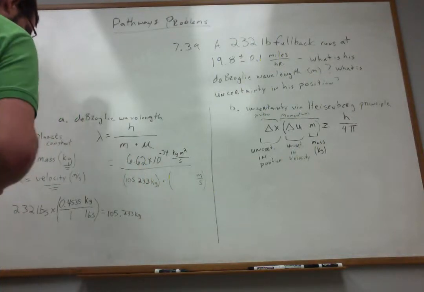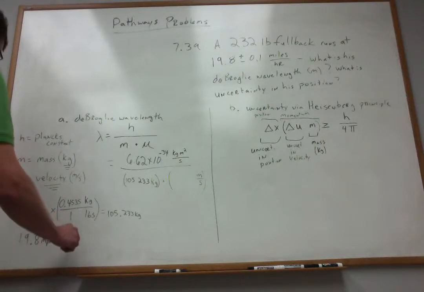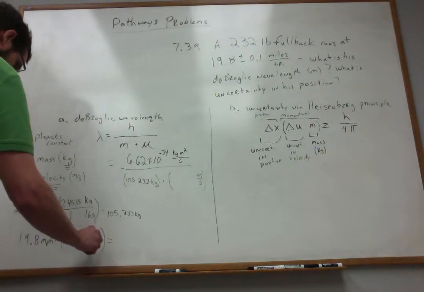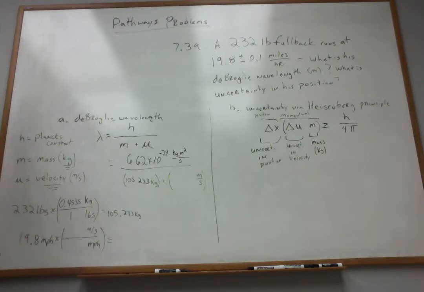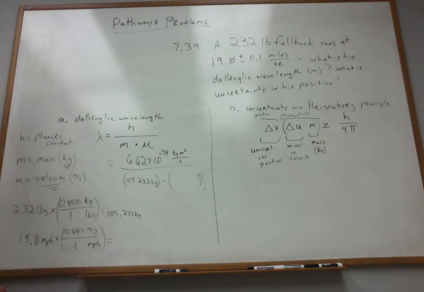So 105.233 kilograms goes there. Likewise, we were told his velocity is 19.8 miles per hour, mph. We need meters per second, so we need to convert. Miles per hour is undesired, meters per second are the velocity units desired. 1 mile per hour, as it turns out, is physically equivalent to 0.447 meters per second.